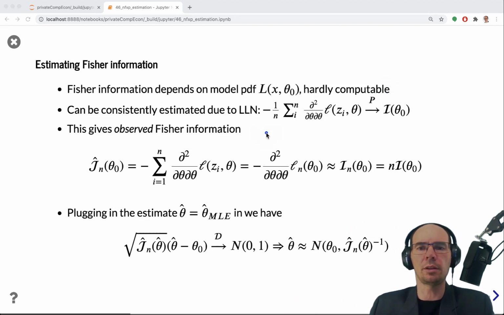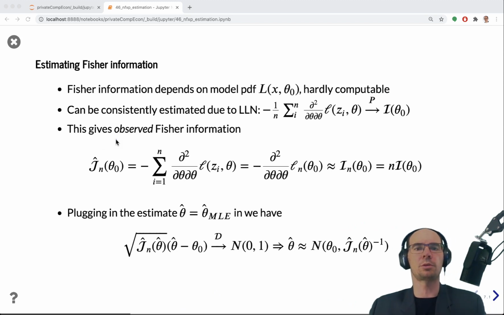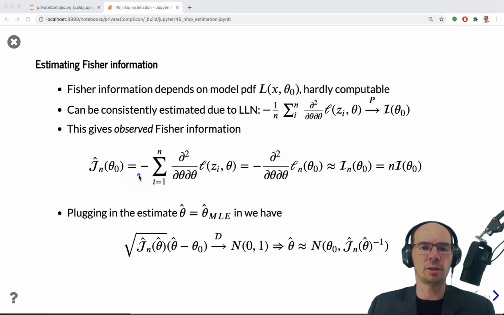But on the other hand, we have a nice consistent estimator due to the law of large numbers, which is basically taking the average of the second derivatives of the log likelihood function. It's not that hard to derive this convergence in probability to the Fisher information. And then we can write what's sometimes referred to as observed Fisher information, which is the average of the second derivative of the log likelihood calculated at different points of the data.